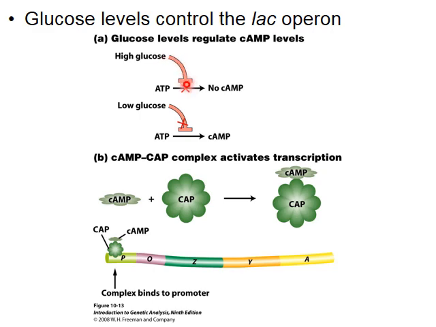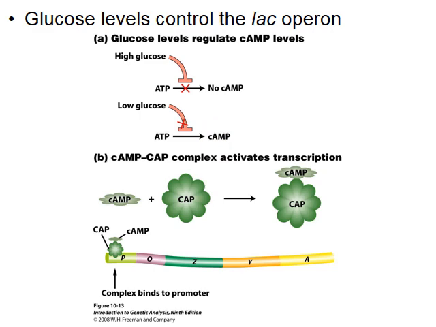Glucose inhibits adenylyl cyclase. So when you have high levels of glucose, you get no adenylyl cyclase activity, and therefore cyclic AMP levels within the cell are low. When you have relatively low levels of glucose, adenylyl cyclase is not inhibited, meaning that you can easily convert ATP into cyclic AMP. So there is an inverse relationship between the concentration of glucose and the concentration of cyclic AMP.